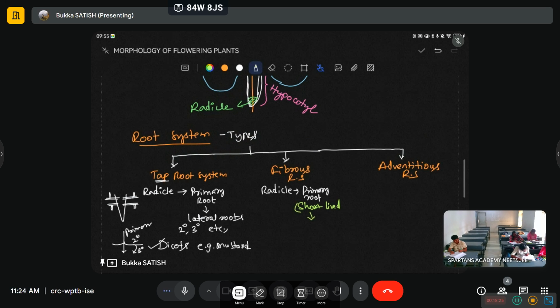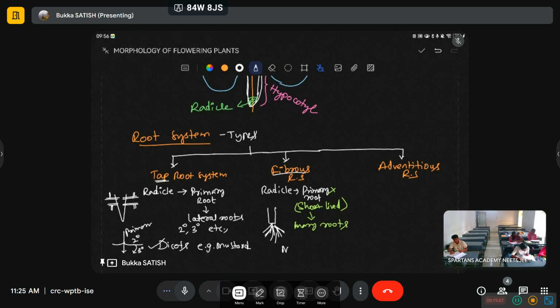It will disappear. After that, in that place, there will be formation of many roots. So at the base of the stem, the primary root will disappear, and in its place there will be formation of many roots like this. That's why it appears like a fibrous network. That's why the name fibrous root system.